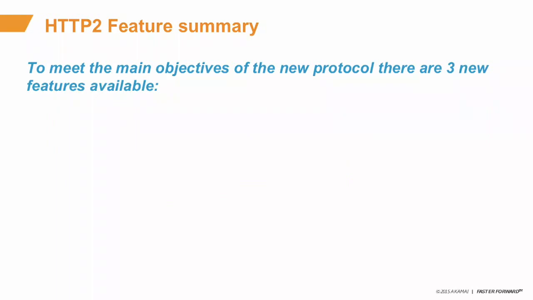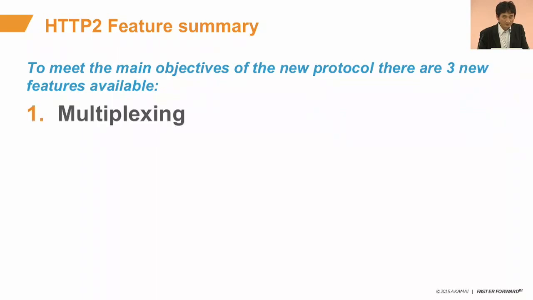So what comes with HTTP 2 in the speed up aspect? One is multiplexing. HTTP 2 depends on the new model in which the browser requests multiple objects at the same time, and the server actually returns multiple objects in one response message.